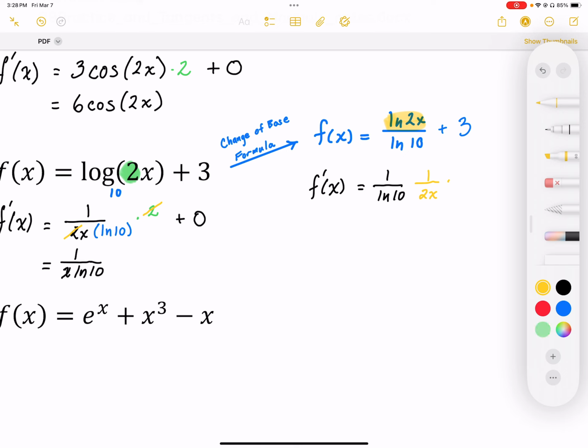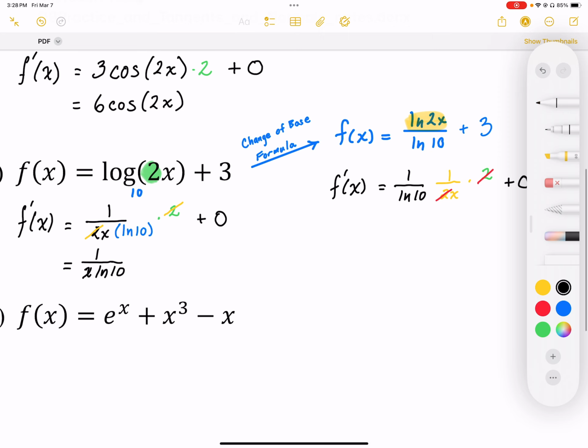We have to account for that horizontal compression with that extra times 2. And then the derivative of the plus 3 just becomes 0. Again, you don't really need to write that in, but I just want to make sure that we know what's happening with that 3. Those 2's cancel out. And then we end up with our derivative being 1 over x log 10. Okay, and notice that the derivatives in both cases still match. Regardless of how we do it, it should end up being the same.